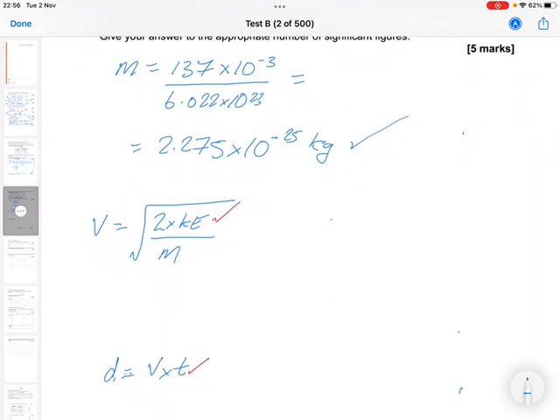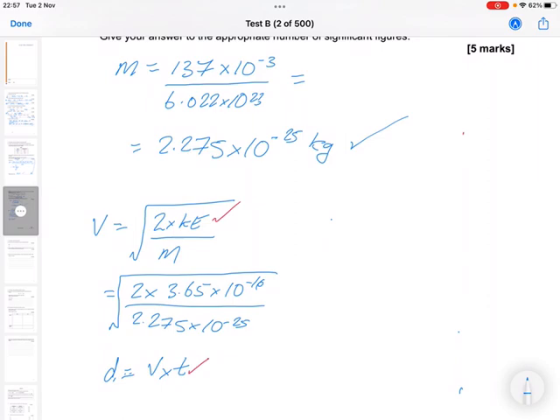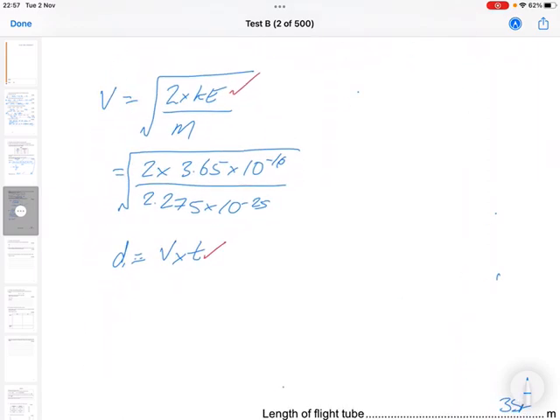Plug in all of the values into this, so 2 times the kinetic energy in the question, which is 3.65 times 10 to the minus 16, all divided by what I've just worked out above, 2.275 times 10 to the minus 25. Don't forget to square root. Again, that's another thing that is often forgotten. And then that gives me a velocity of 56646.29661.